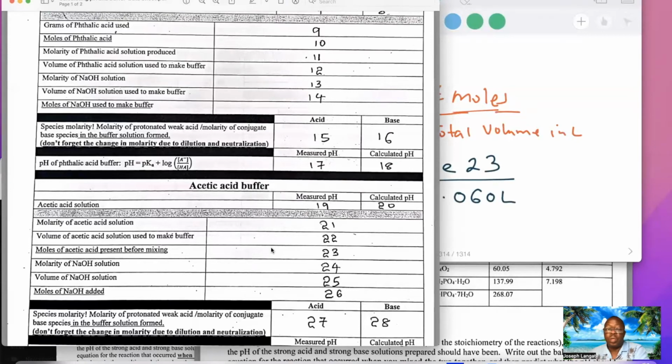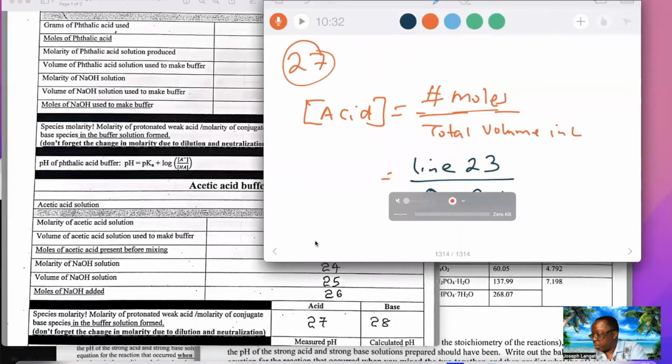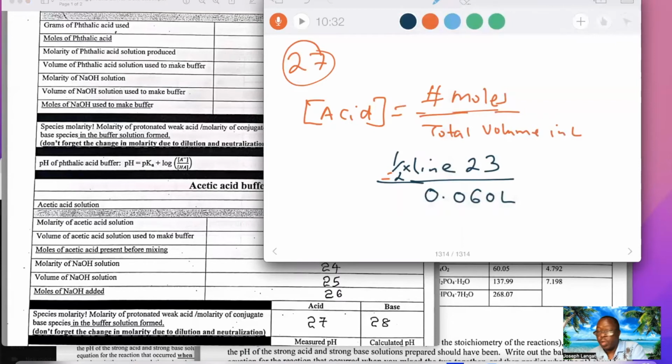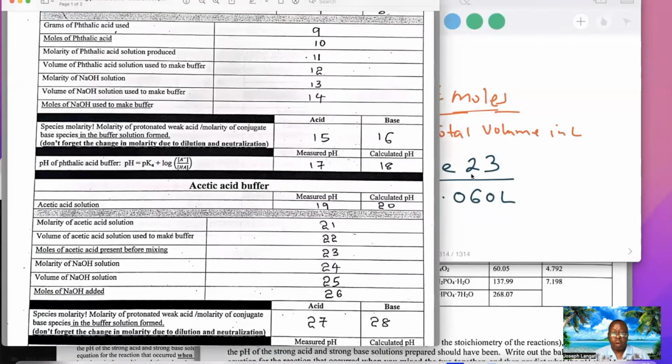Remember, this is 1/2 of what you started with in line 23.